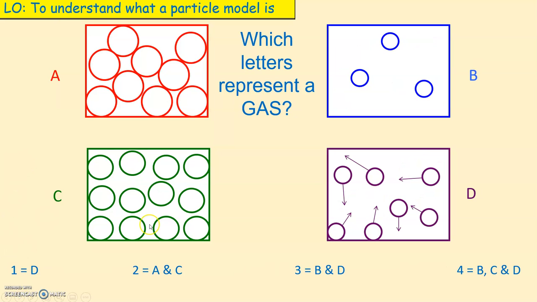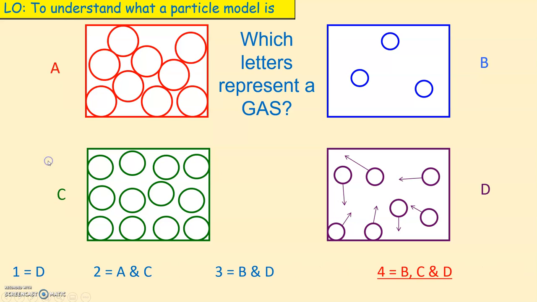Now the next one's asking you, which letter represents a gas? Have a look. Have you picked your answer? Okay. Now, number 4. B. See, there's more space there. C, there's even more space than that.